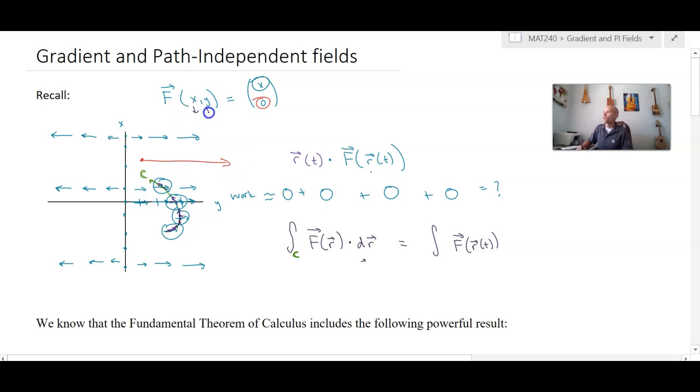These guys are both going to be written in terms of this parameter t, because it's just easier to do that oftentimes. And from what we've learned, we know that this is going to be the derivative of the position vector with respect to time, dt. And this was our equivalent parameterized line integral. And this is again along that oriented curve C.